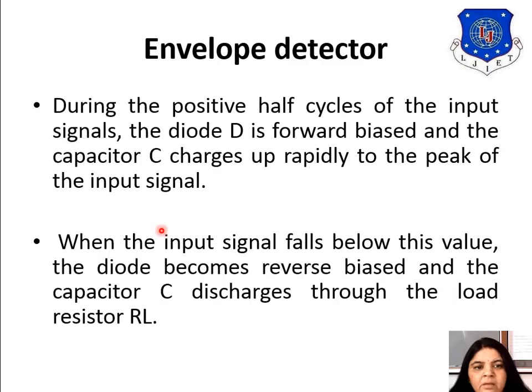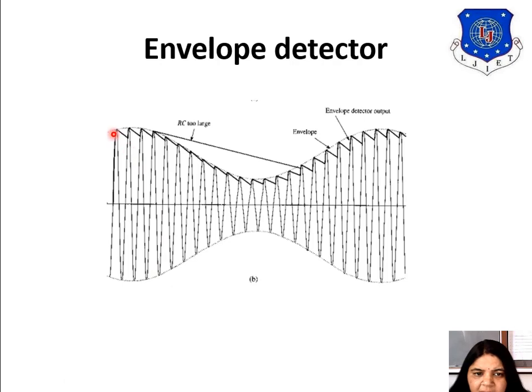So during the positive half cycle of the input signal, the diode is forward biased. Diode forward biased, then the capacitor charges. It charges up to the peak value of the input signal. Now when the input signal falls, what I said?